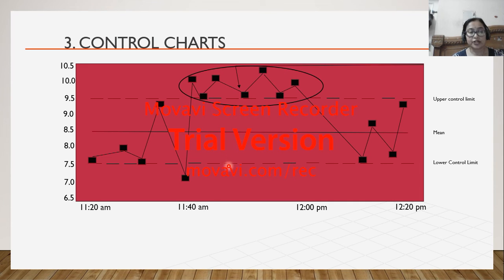So we are sure that there is some problem somewhere during this time period of 11:40 a.m. to 12 p.m., since there are 7 points going beyond the upper control limit. And these 7 points are known as the rule of 7. The rule of 7 decides that the process is out of our control. This brings us to the end of control charts.